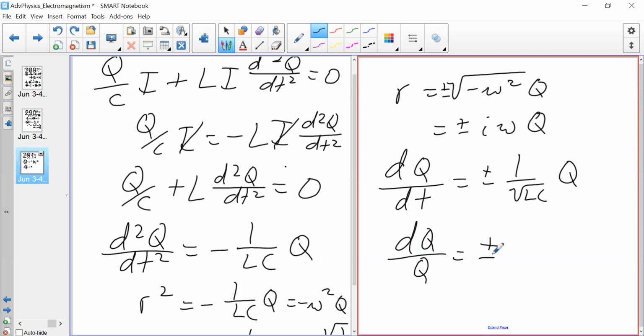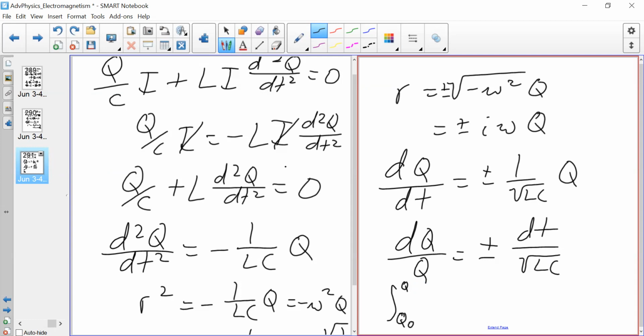And this is plus minus dt over the square root of L over C. And you know where this is going, right? So we're going to take an integral from q naught to q, where, because we started not at a maximum q, we're going to rise up to a max q.